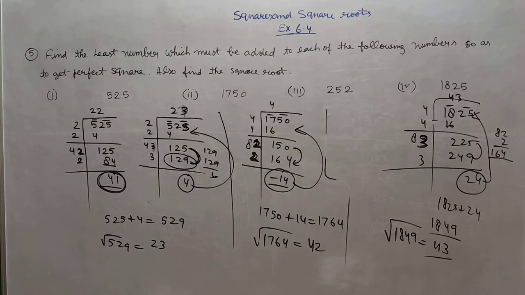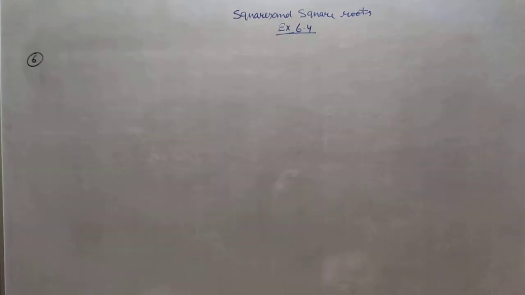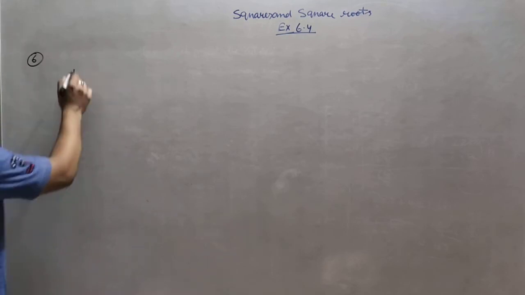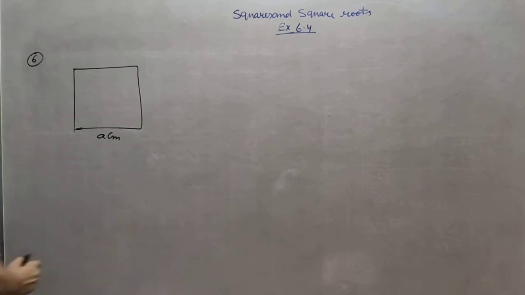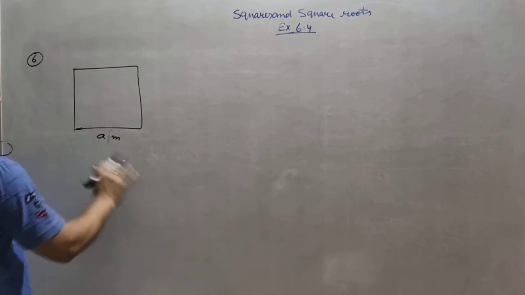Now, the next question is: find the length of the side of a square. It is a word problem here. Find the length of the side of a square whose area is 441. Suppose this is the square, and the area is in meters.